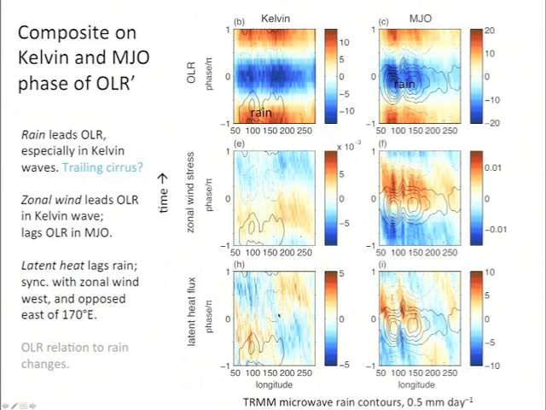The latent heat flux is largely dominated by the effect of the wind, which varies much more than the air-sea temperature difference does. So the important point here is that the OLR relationship to the rain changes for the different types of waves. If you're going to use OLR universally to composite, you may end up with different results that you have to scratch your head to explain.